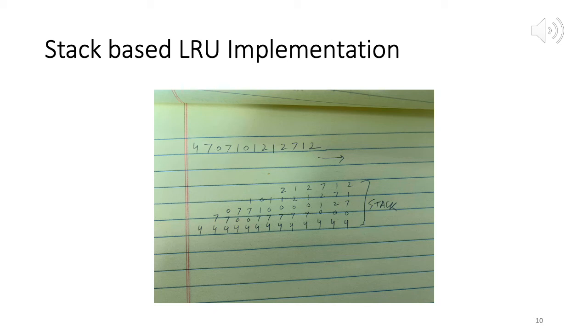So the most recently referenced page is at the top, and the least recently used one would be at the bottom. The one at the bottom of the stack is the LRU one, the one you have to remove. This way we can implement LRU using a stack.